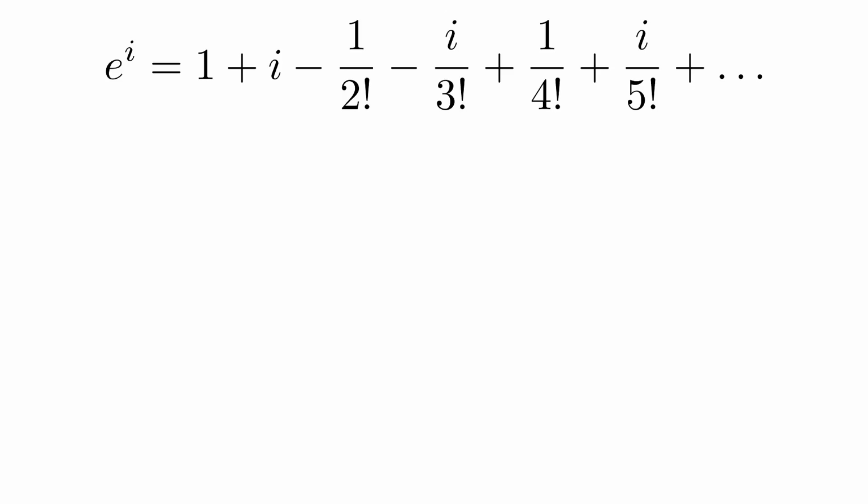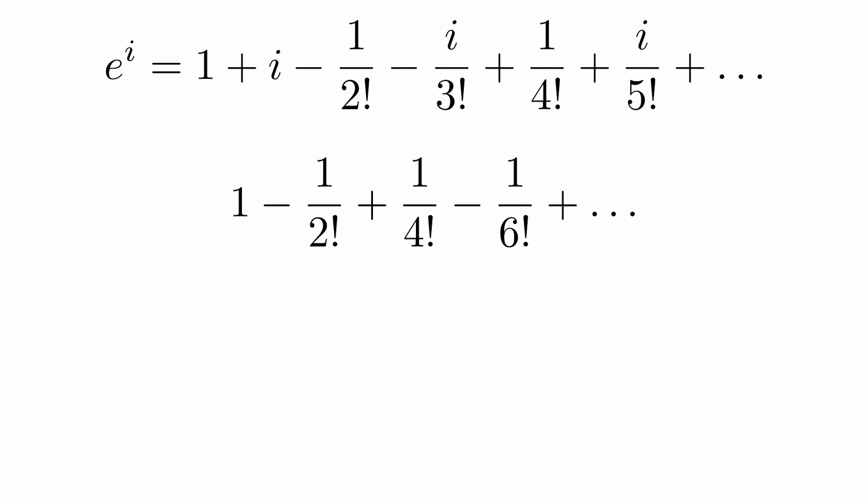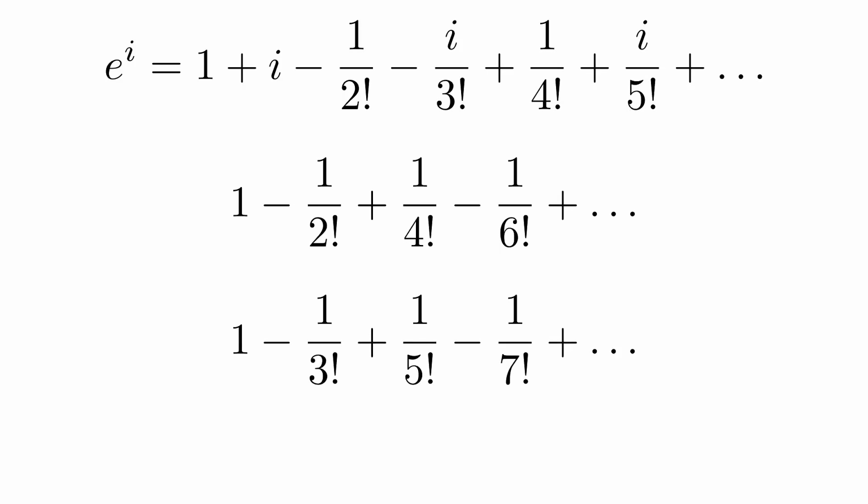Now let's pull apart the real and imaginary parts of this series. The real part is 1 minus 1 over 2 factorial plus 1 over 4 factorial minus 1 over 6 factorial, and the imaginary part is 1 minus 1 over 3 factorial plus 1 over 5 factorial minus 1 over 7 factorial, and so on.